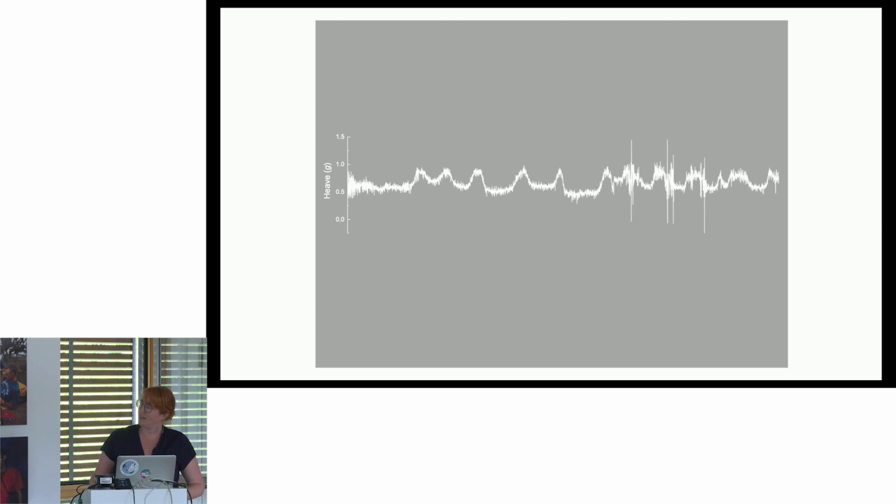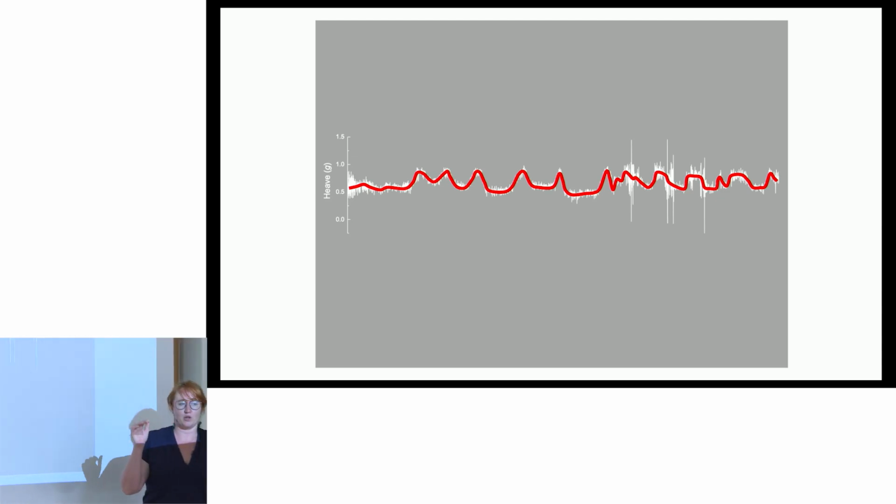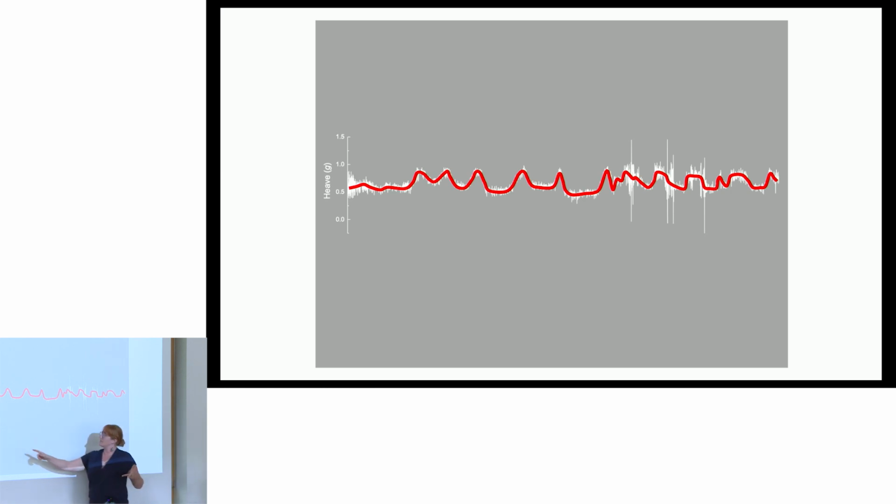So this is an example of an acceleration output. It has this nice background smoothed signal, and that tells me about the posture of the animal. So if you imagine that spring in the heave, that's the vertical axis of the animal, as that vertical axis moves away from the vertical, you get these peaks.